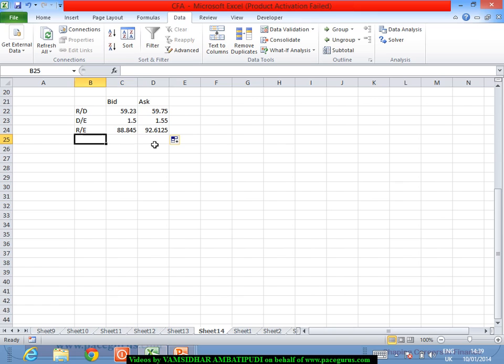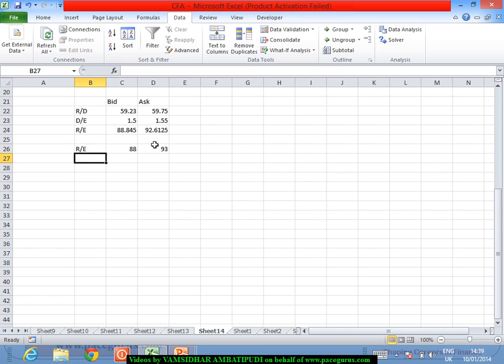But when I asked my dealer about the rupee to euro quote, probably let's say he is saying the bid is 88 and the ask is 93.